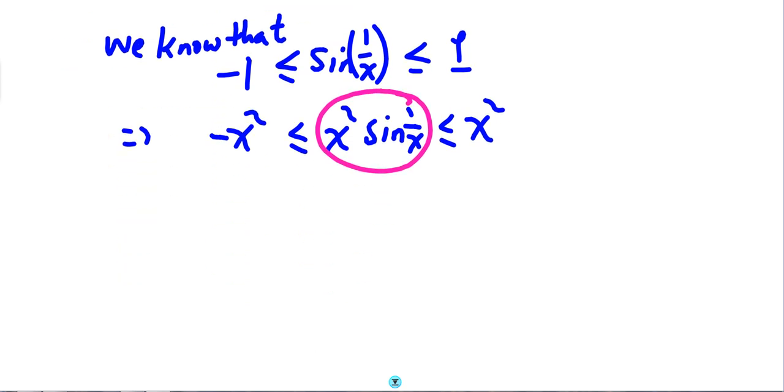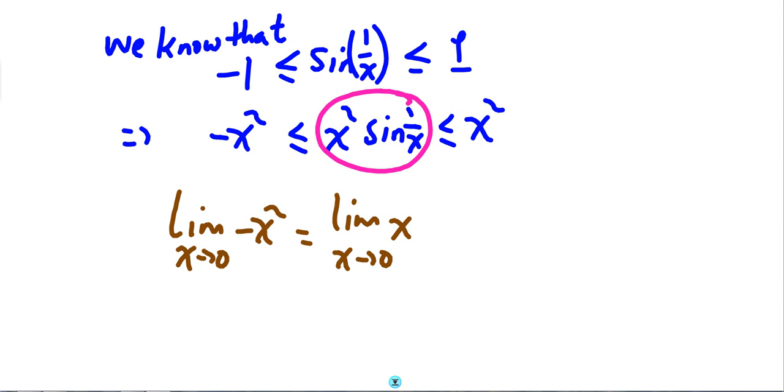So we can now take the limit of all of these sides. We see here that the limit as x approaches 0 of negative x squared is the same as the limit as x approaches 0 of x squared, and this limit is equal to 0.